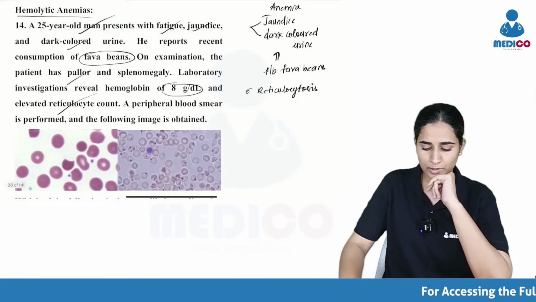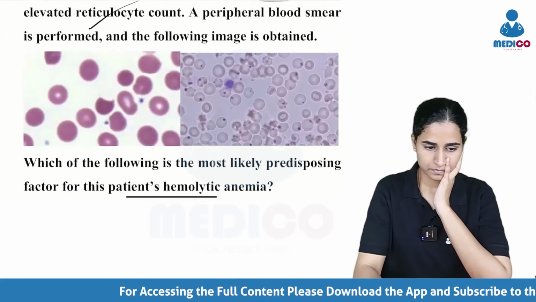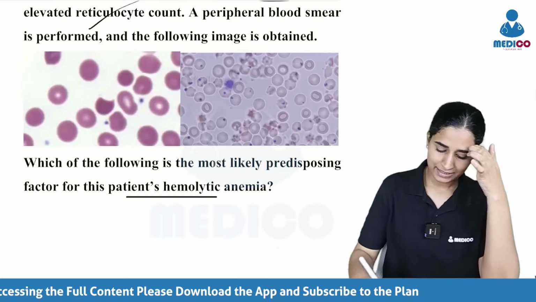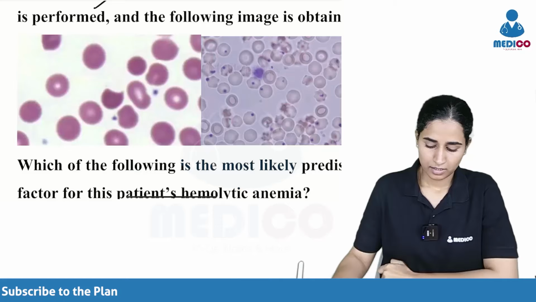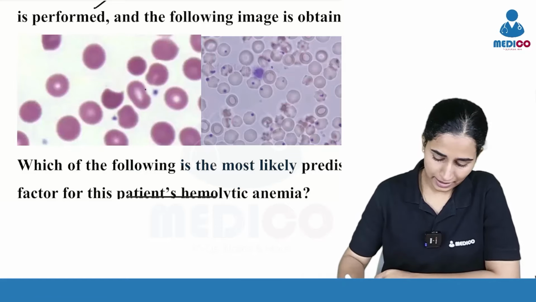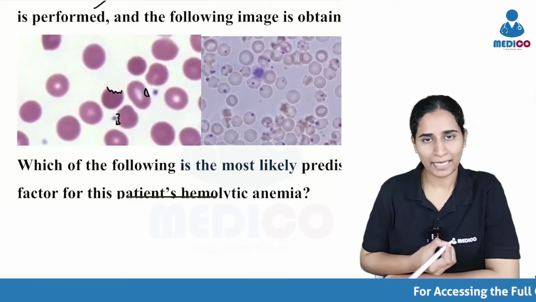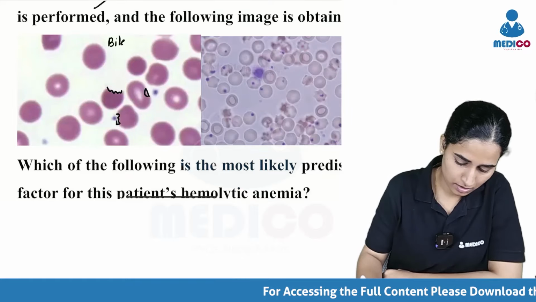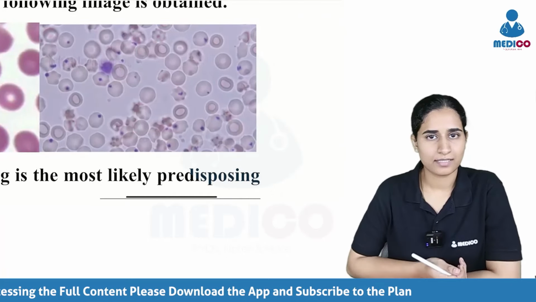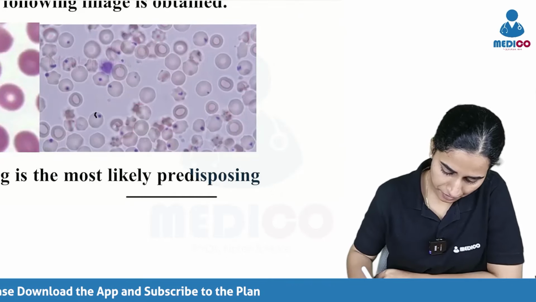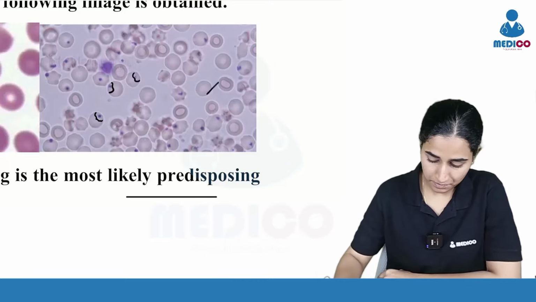And a peripheral blood smear was performed, and this is the image he has shown us. This is the routine staining. If you look at the first picture, in the routine staining, how do you see the RBCs are? They are like somebody has bitten them, right? They are called bite cells. And if you look at the special supravital staining, wherever you have seen the bite in the normal staining, now you can see some bodies.